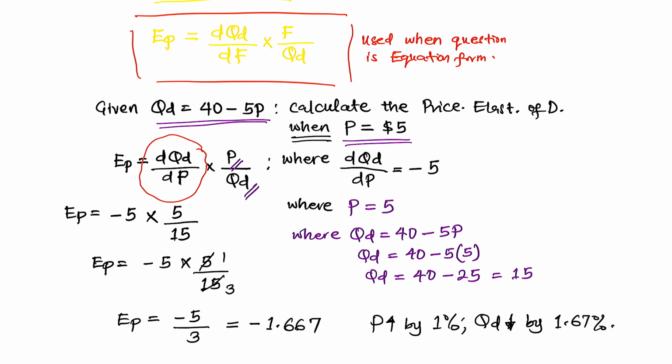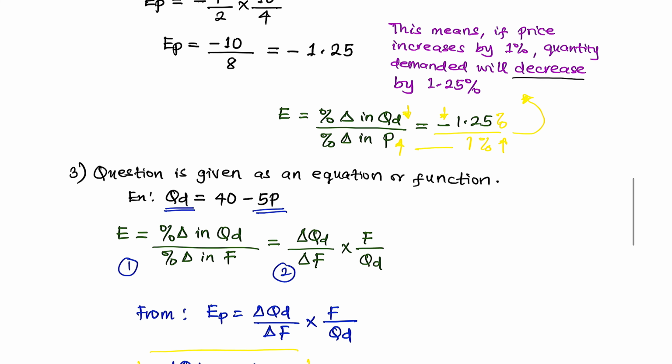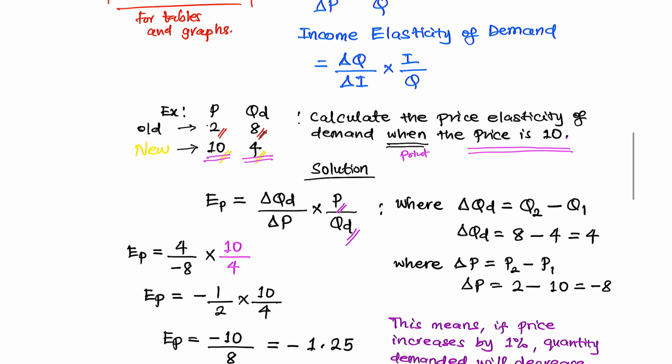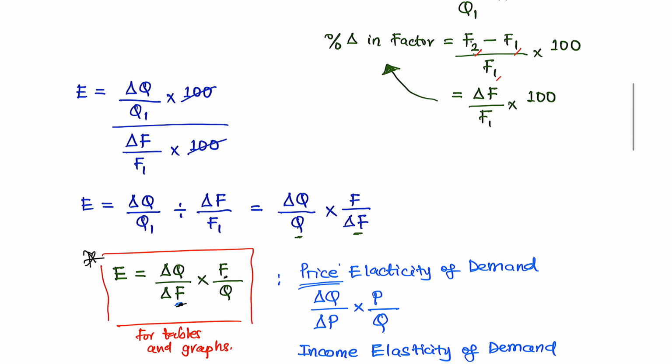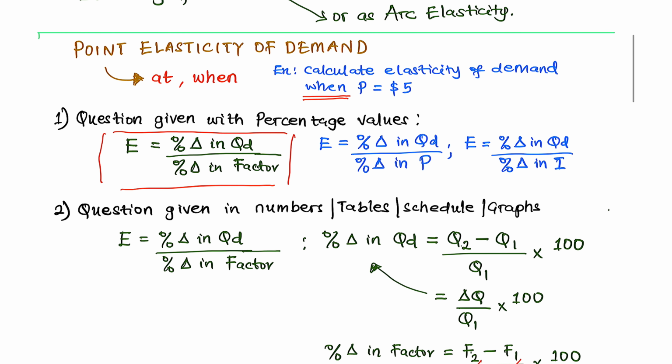This approach that we've learned can also be applied to point elasticity of supply. We simply replace the values of the QD in each formula. You simply replace them with QS and you get exactly the same thing.